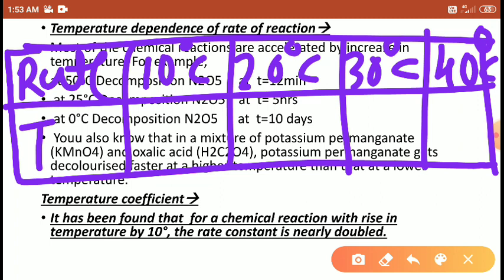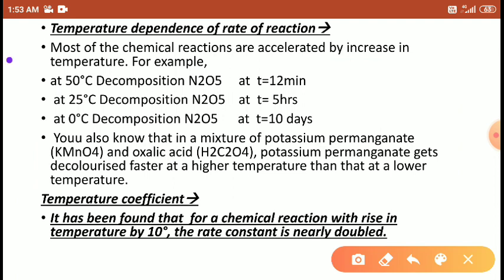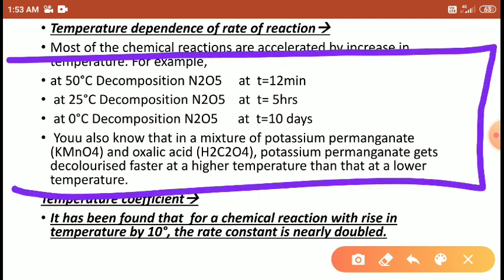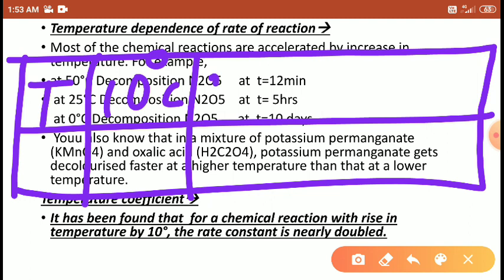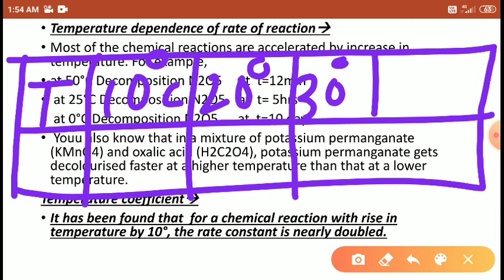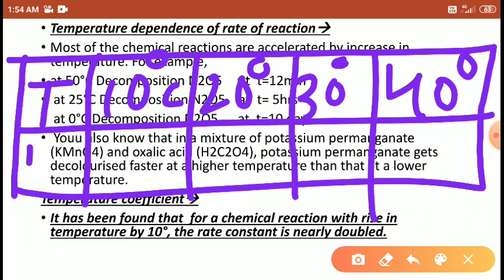Sorry students, I wrote in the wrong box. Here the temperature is 10 degrees Celsius, 20 degrees Celsius, 30 degrees Celsius, 40 degrees Celsius, and here the rate.